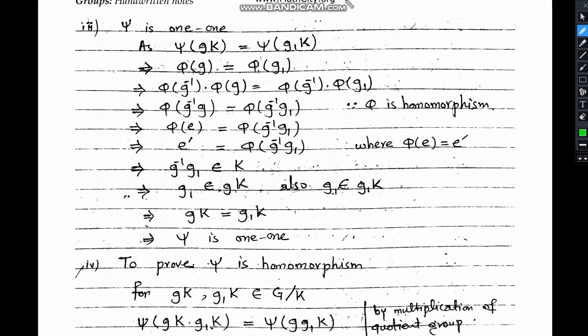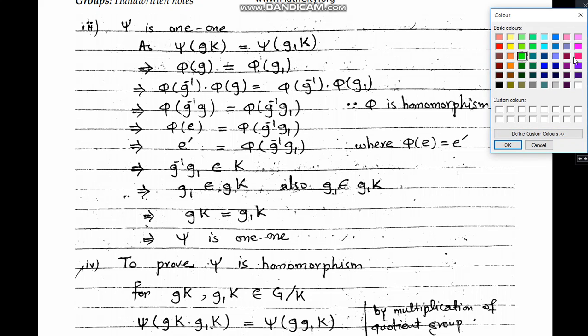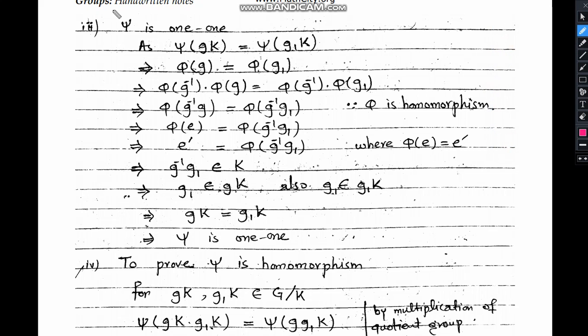However, we have seen that this psi is 1-1, as phi is 1-1 and there is a relation between phi and psi. But we can also define it separately, as mentioned here. If there are two elements whose mappings are equivalent for psi, because psi can be replaced by phi, because phi of G is equivalent to psi of Gk.